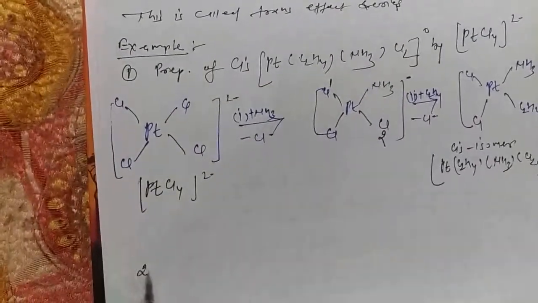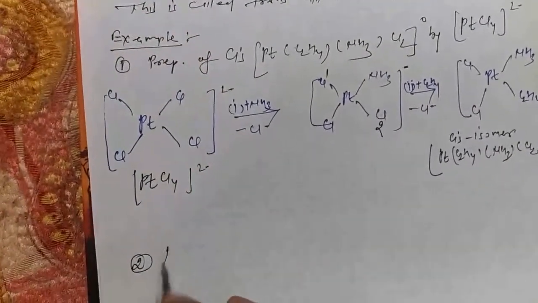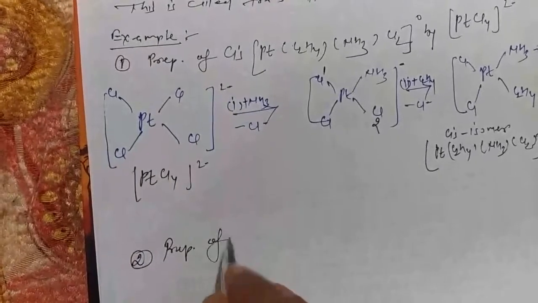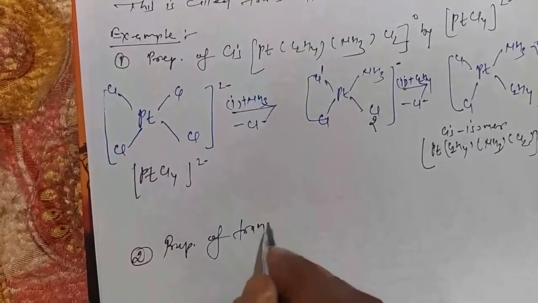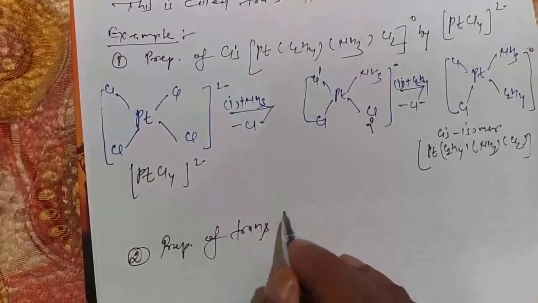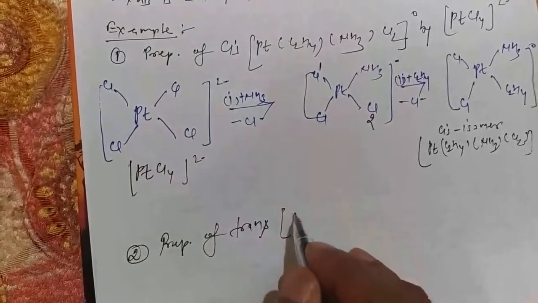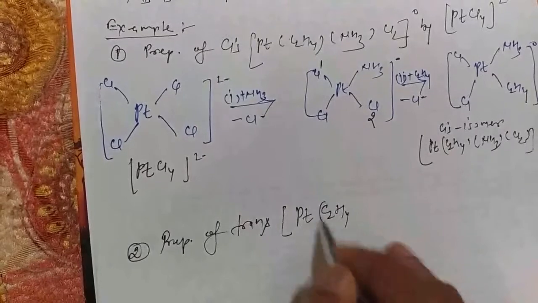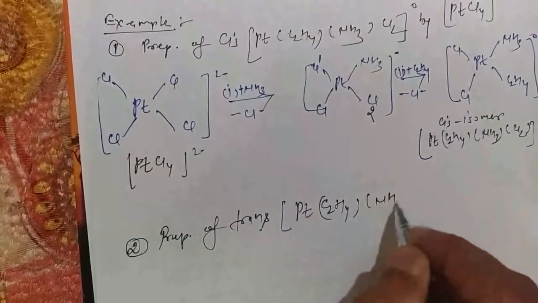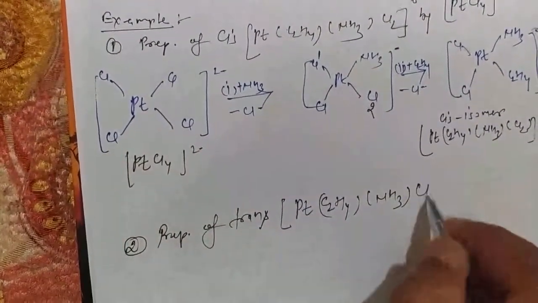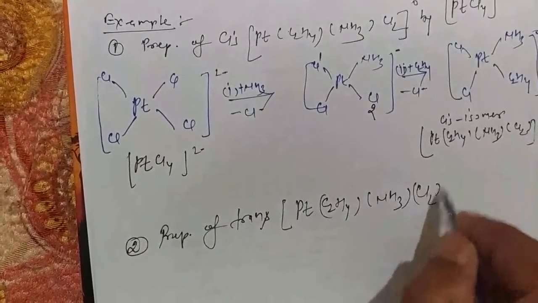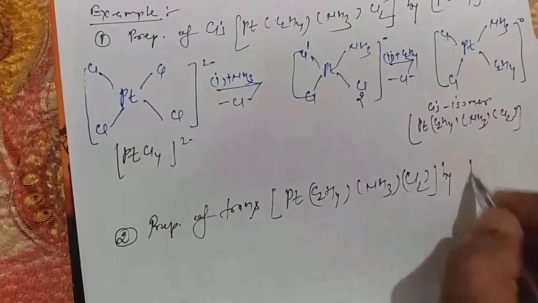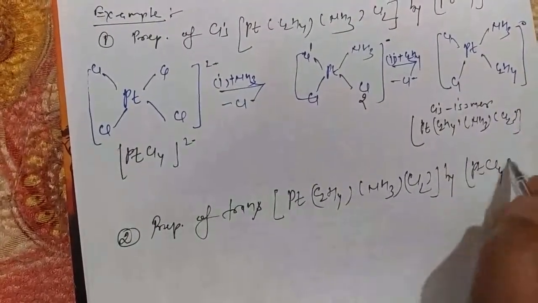Now the second is the preparation of the trans isomer. We need to prepare the same compound, Pt(C2H4)(NH3)Cl2, from PtCl4 2 negative.